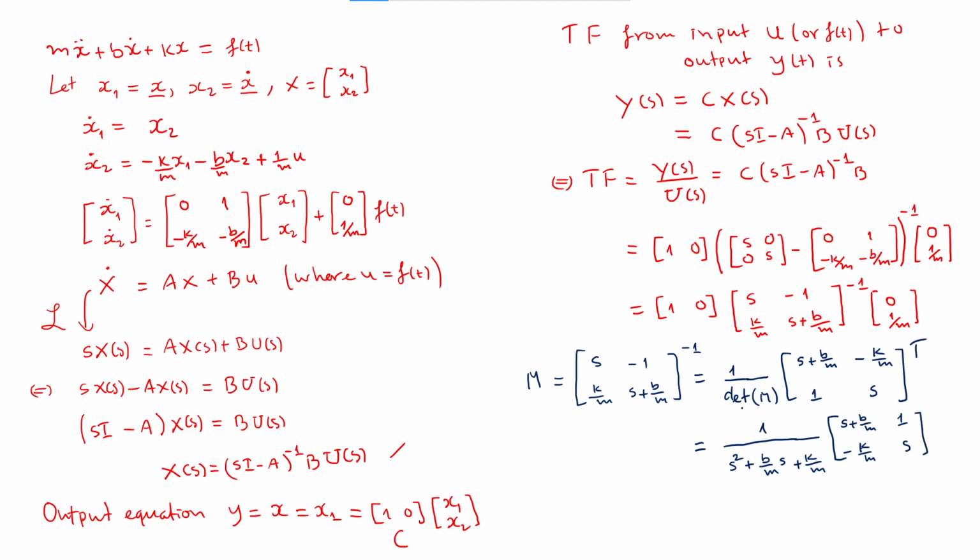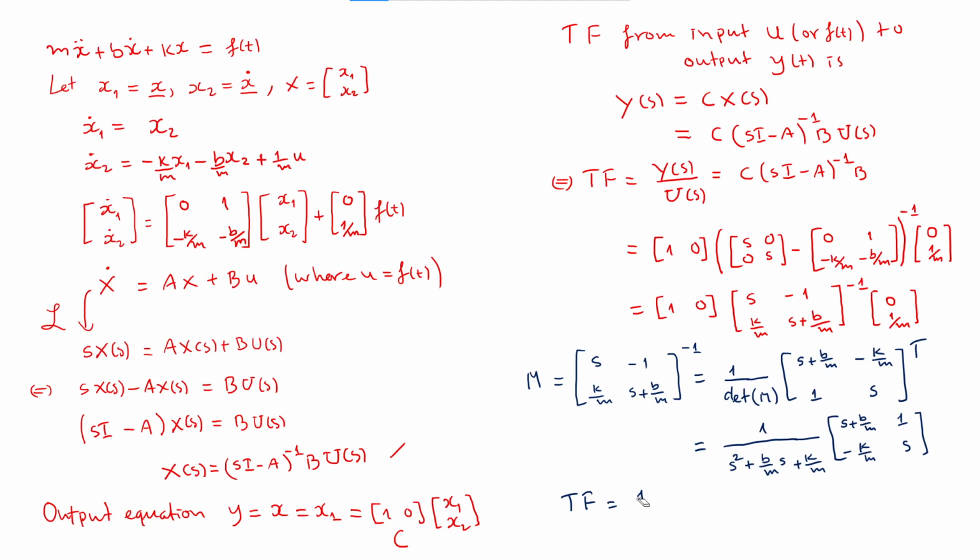Okay, so now the transfer function equals, let me just write the determinant here for short notation, and then you have C, 1 0. Now I use red here.